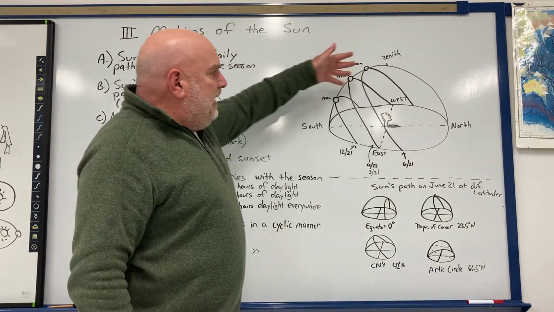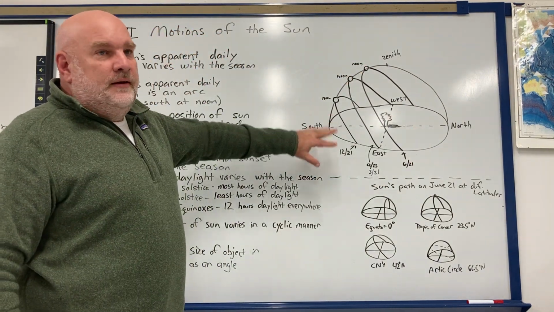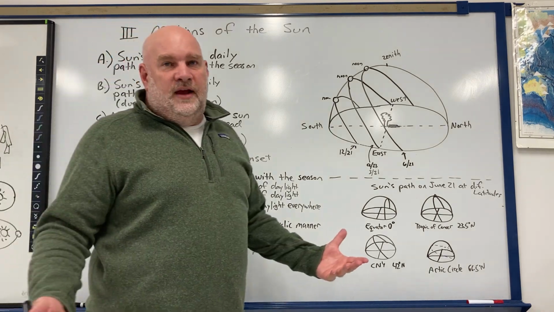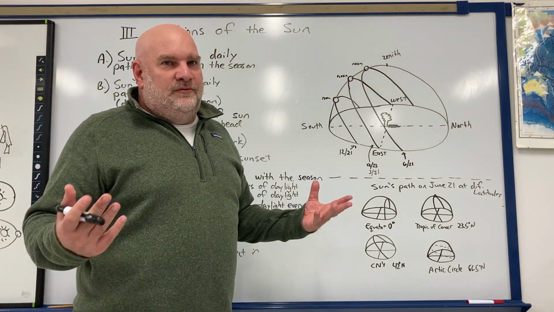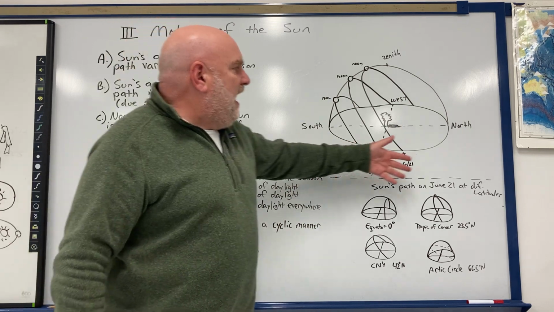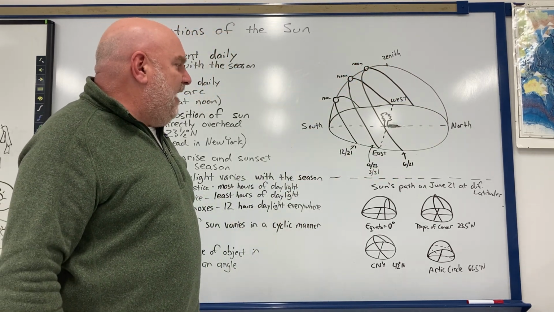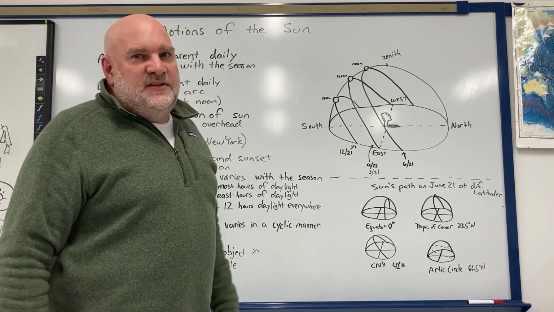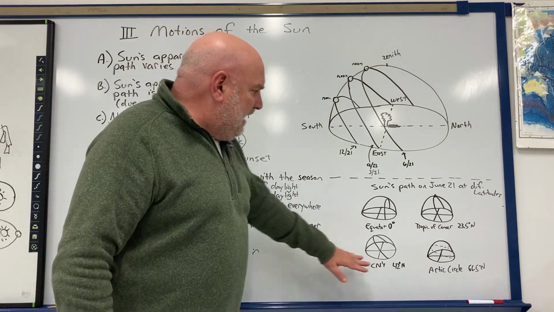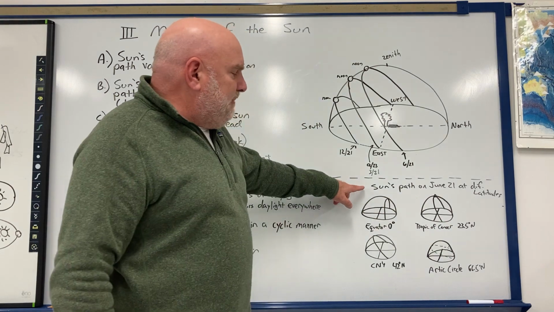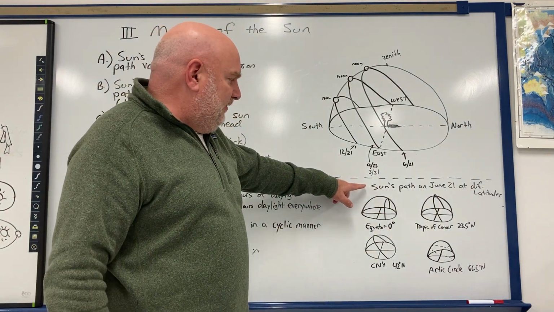Now, this diagram here represents New York State because we live in New York State and the tests are made for New York State. And this is the most common diagram you'll see for how the sun's path is. But that's not the sun's path everywhere. So what this diagram here shows you is the sun's path on June 21st at different latitudes.